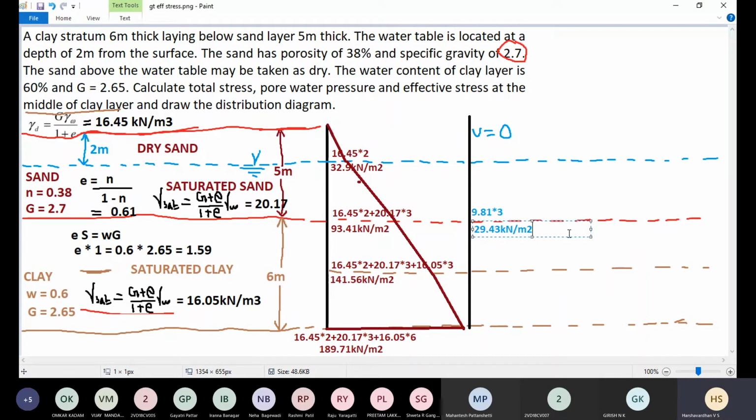Now the height of water above the center of the clay layer.